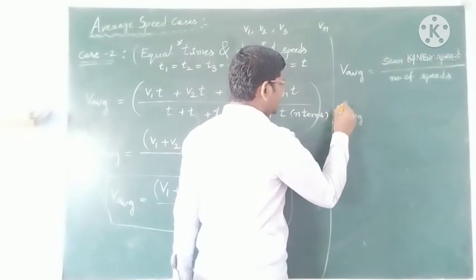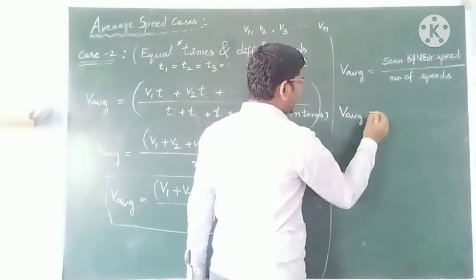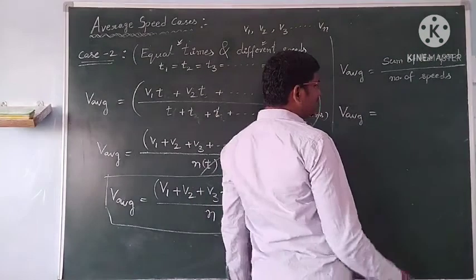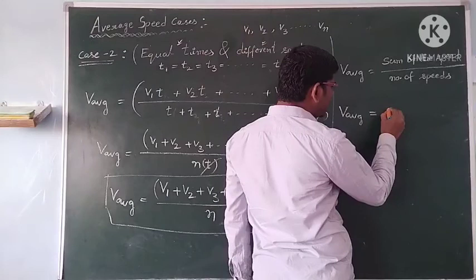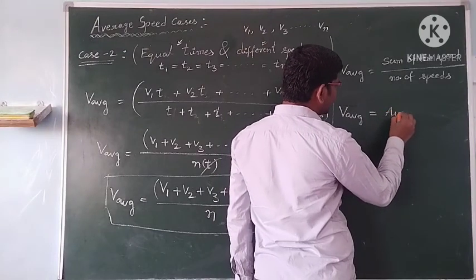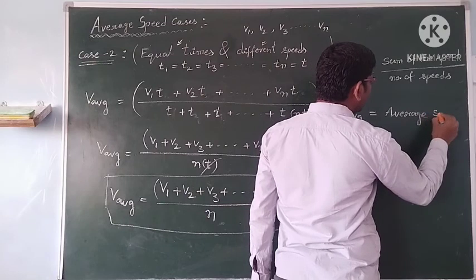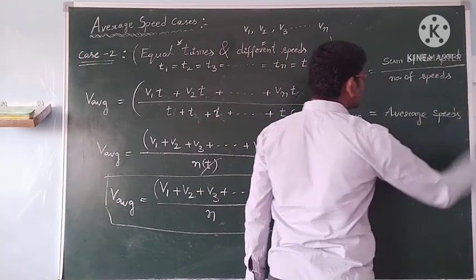So V average is equal to sum of the speeds by number of speeds. You can call them average speeds also.